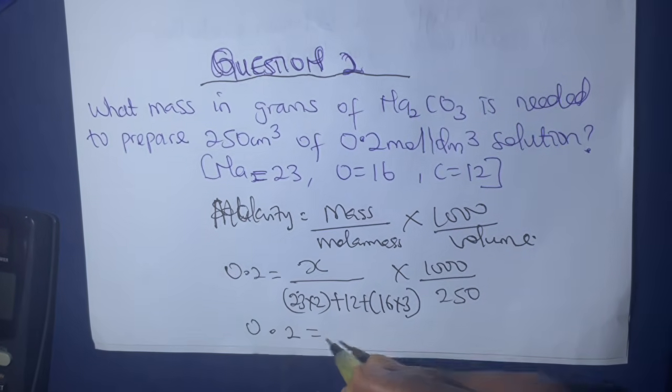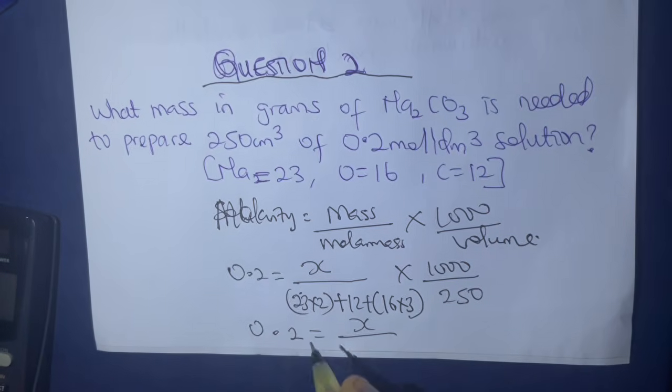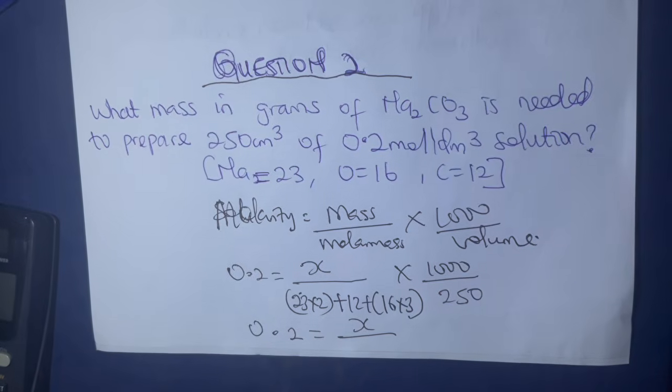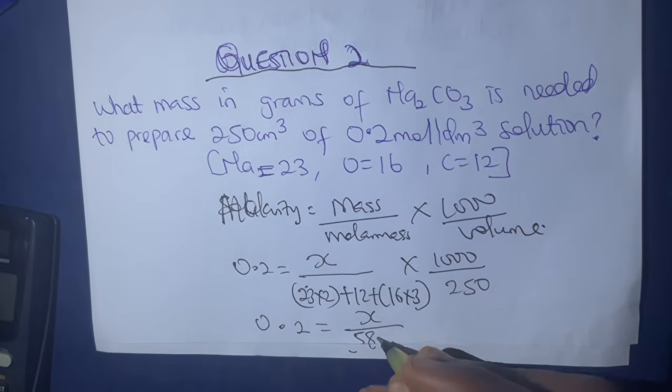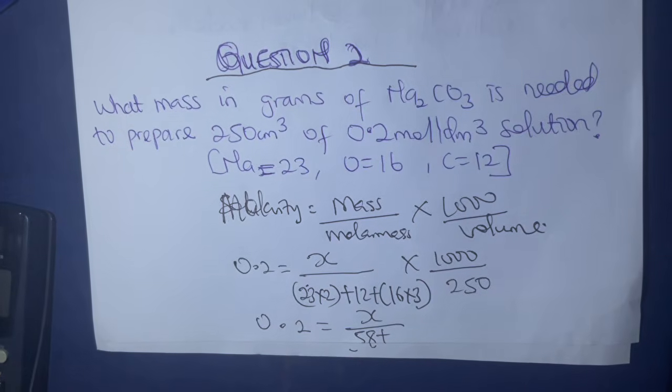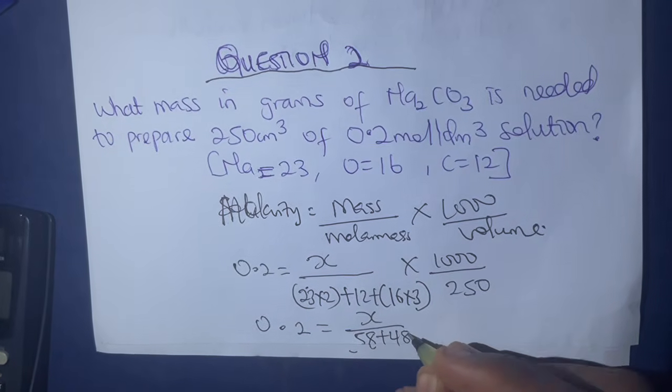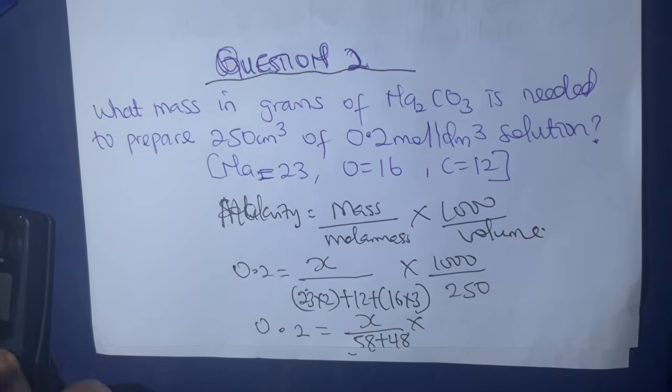0.2 equals x all over 23 times 2, so that's 46. 46 plus 12 is 58. Then 58 plus 16 times 3, which is 48, multiplied by 1000 over 250.